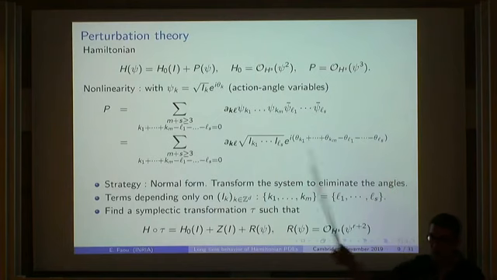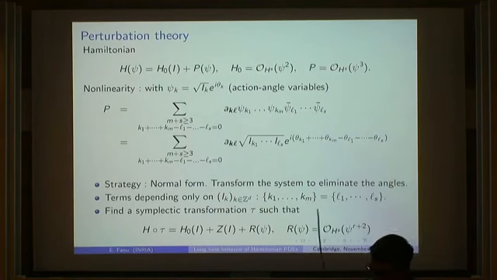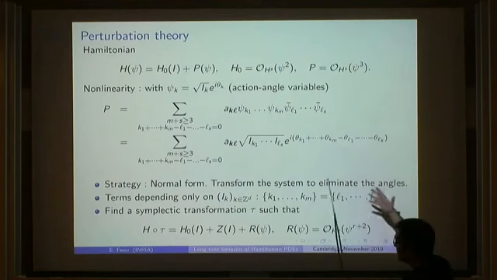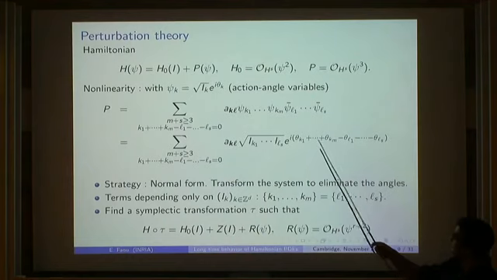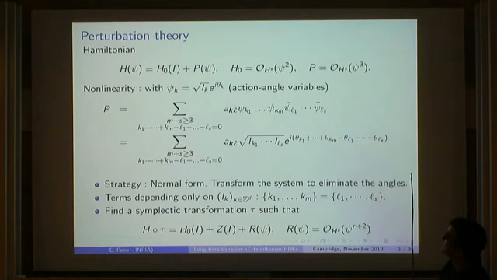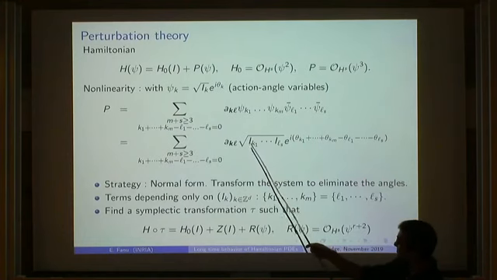And you want to do this for all the terms that are nonlinear. And if you make a transformation, so for the matrices, transformation is just a linear transformation, but for nonlinear systems it's more complicated. Then you end up with something that does not depend on the angles and depends only on the actions.